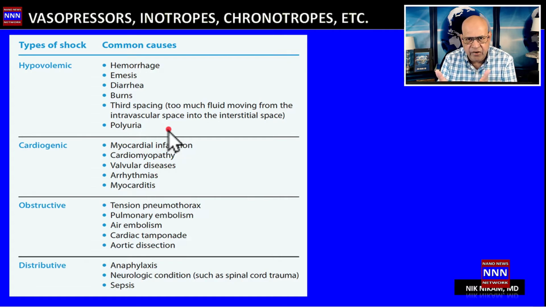Combine that with tachycardia, you are going to develop hypotension. So it is myocardial contractility and also the heart rate. That's why patients with atrial fibrillation with rapid ventricular response can develop hypotension or shock.